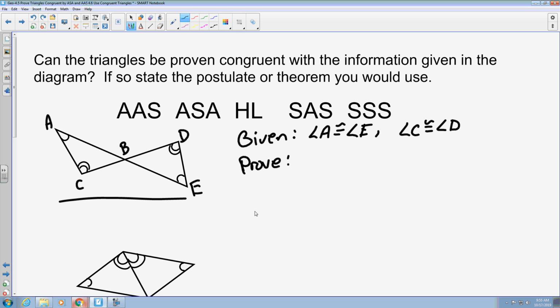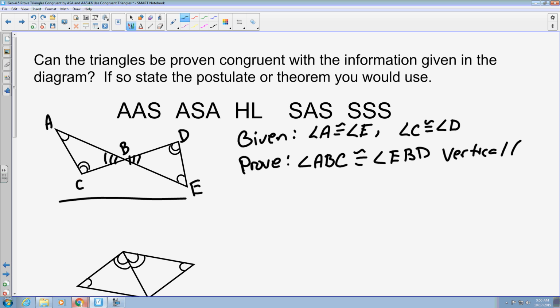The only thing that I see that we can prove is that angle ABC is congruent to angle EBD, because they're vertical angles.